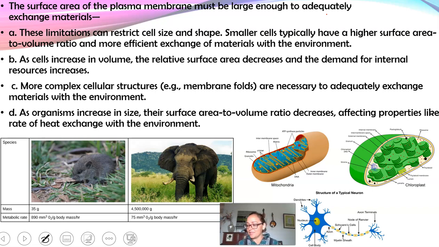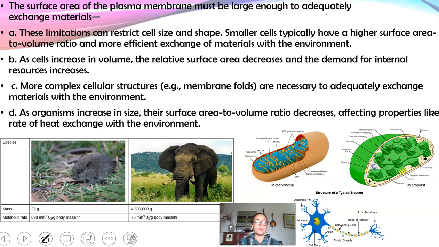So therefore, the elephant hasn't evolved as high of a metabolic rate because it's not constantly losing heat to the environment at the same rate as that little tiny mouse. So anyway, body size and surface area to volume ratios matter beyond just cells. It also matters when it comes to thermoregulation.